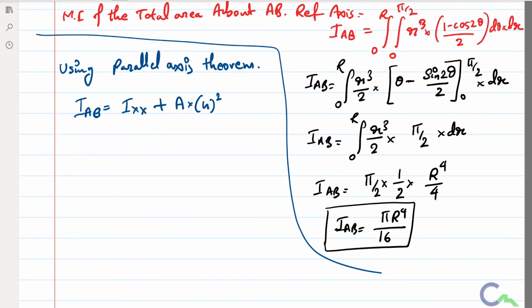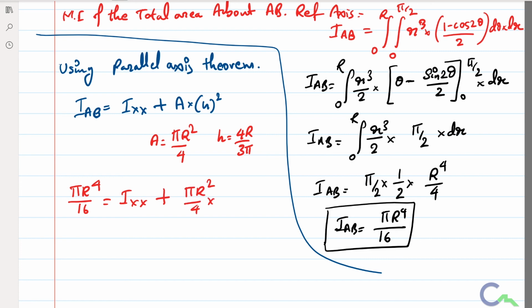So I will take h is equal to 4r by 3 pi, then A is equal to the area of the quarter circle, that is pi r square divided by 4. Then IAB we calculated now. So I substitute here: pi r to the power 4 divided by 16 is equal to Ixx plus pi r square divided by 4 into 4r by 3 pi whole square.